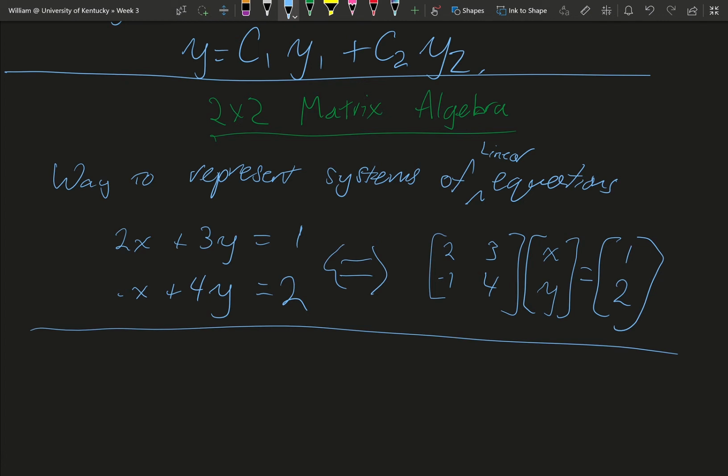So all of these things are matrices. So this is a 2x2 matrix. And these are both 2x1 matrices, or often we just call them 2x1 vectors.